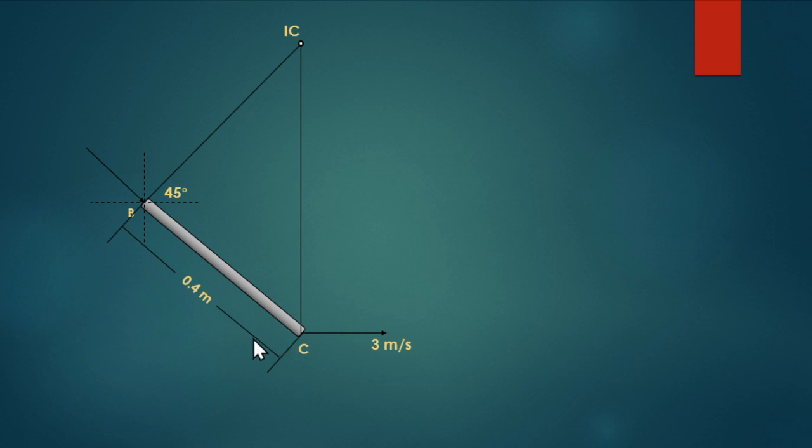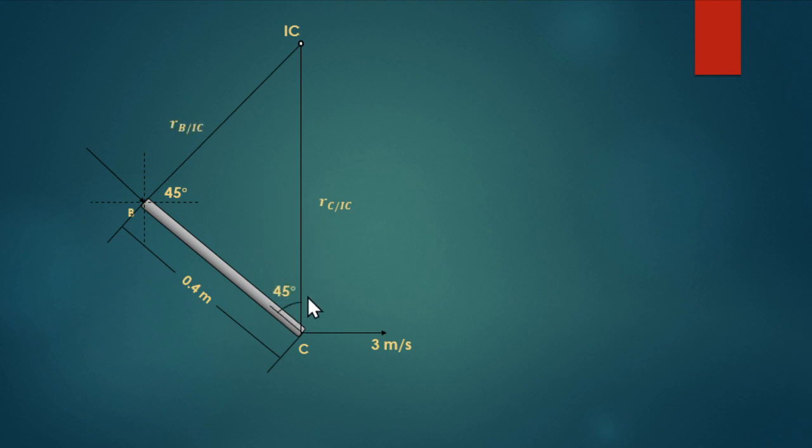We can say that this angle is 45 degrees, right? Since it is perpendicular to this magnitude, which is in the horizontal direction, this angle is 90 minus 45, which is equivalent to 45 again.